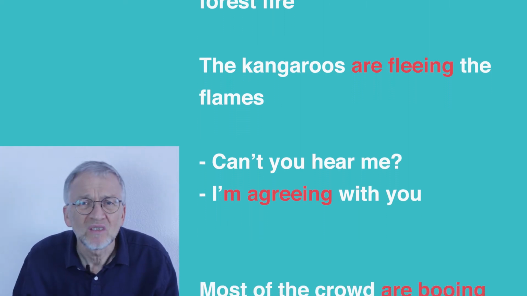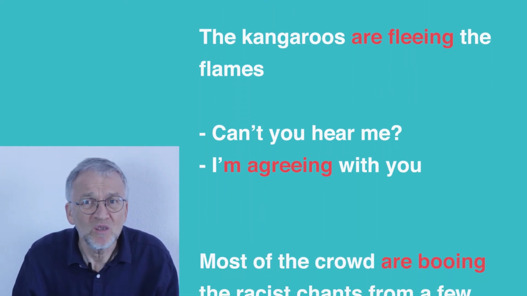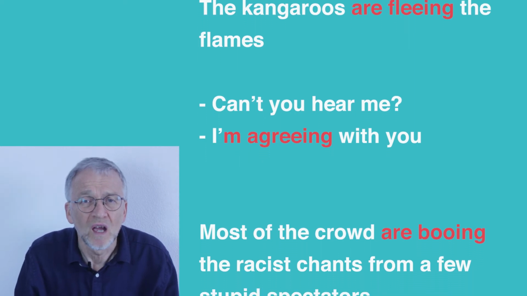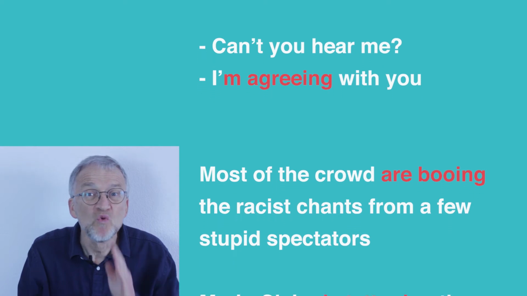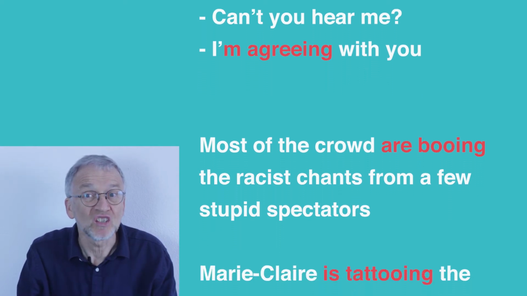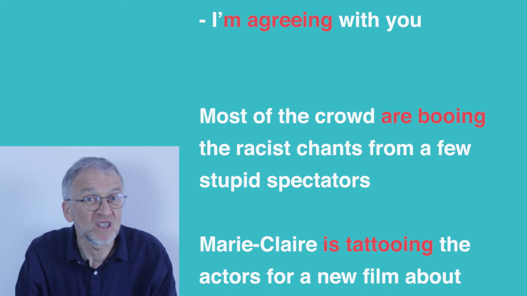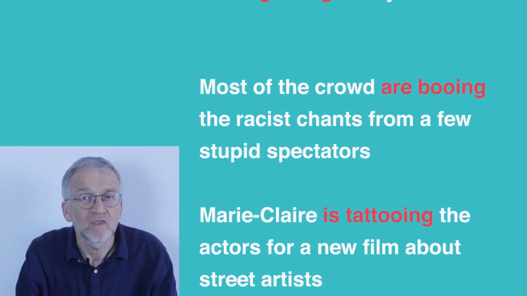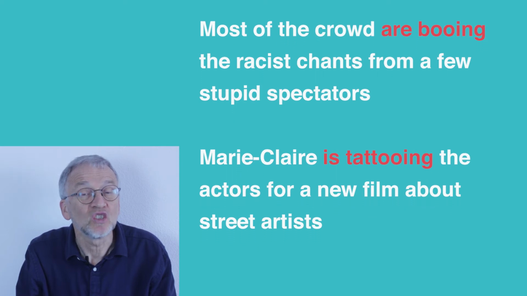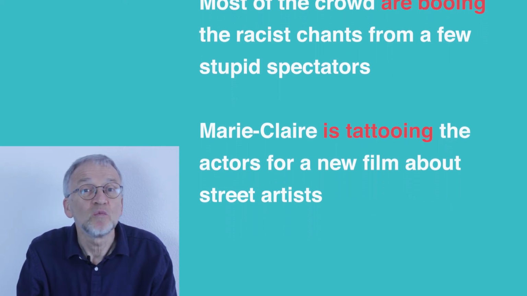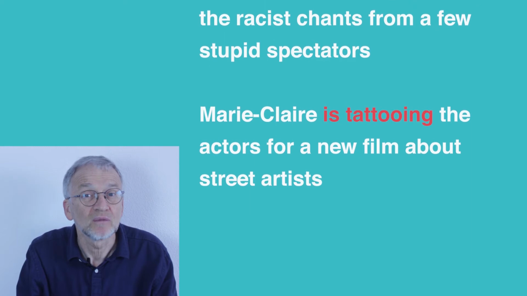Can you hear me? Yeah. I'm agreeing with you. Most of the crowd are booing the racist chants from a few stupid spectators. Marie Claire is tattooing the actors for a new film about street artists.